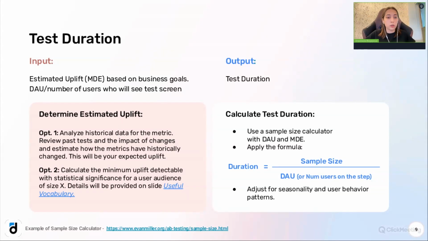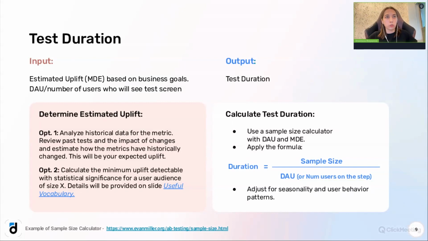Also, it's important to figure out the estimated uplift, and its relation to your business goals. To get the right sample size, you may use sample size calculators if you are not a professional data analyst. These tools help ensure that your test lasts long enough and gathers sufficient data to reach statistically significant results.